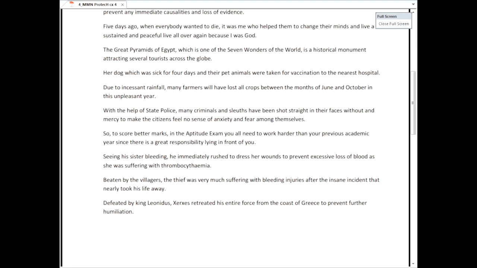So it's a connector. Since, there is the subject, the auxiliary verb is "is", responsibility. What responsibility? A great responsibility. "Lying" is the verb. "In front of" is a preposition. You. Verb, preposition, noun. There is a great responsibility lying in front of you.